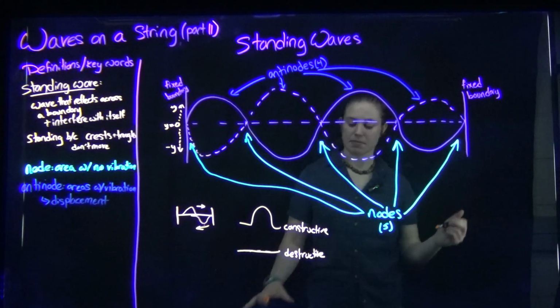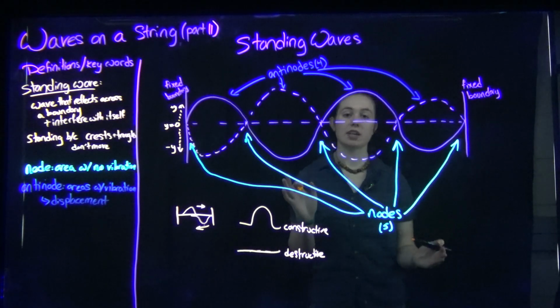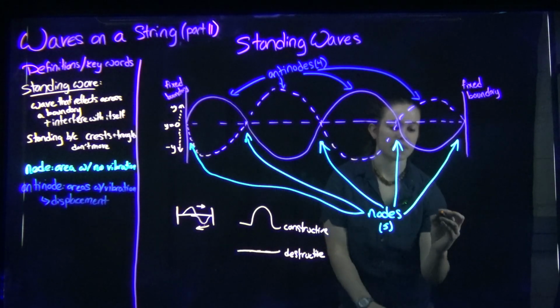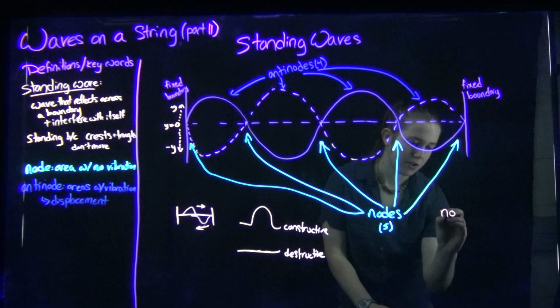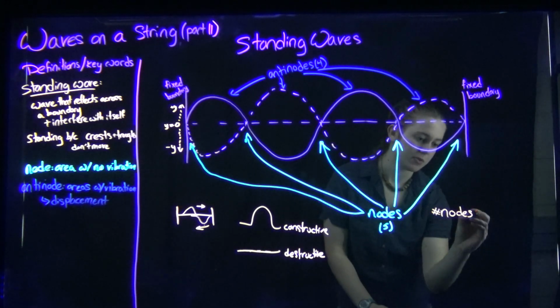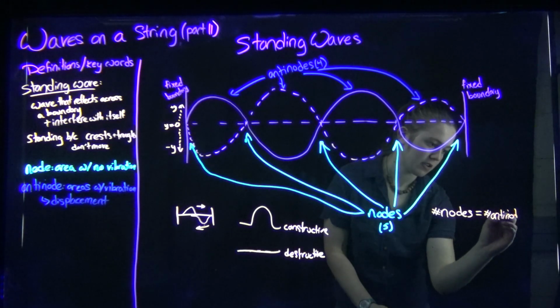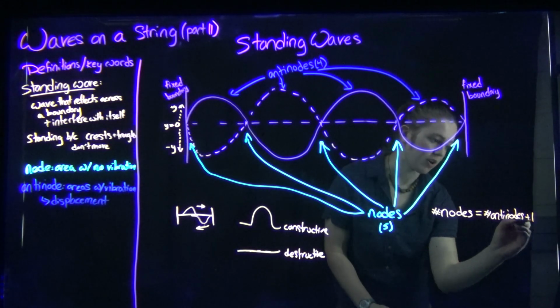One thing to keep in mind is that we can figure out how many nodes or antinodes we're going to have from the other. The number of nodes is always equal to the number of antinodes plus 1.